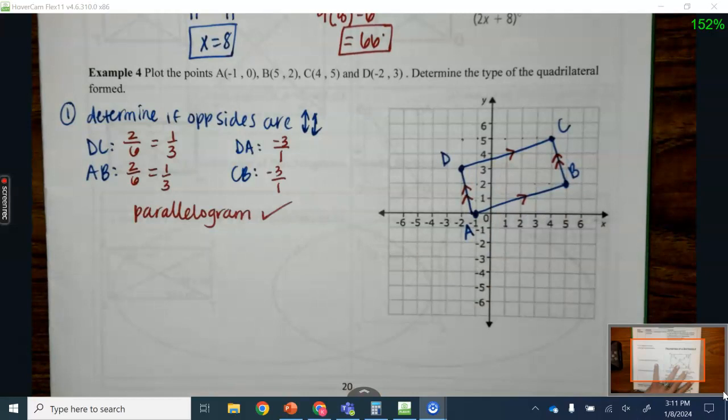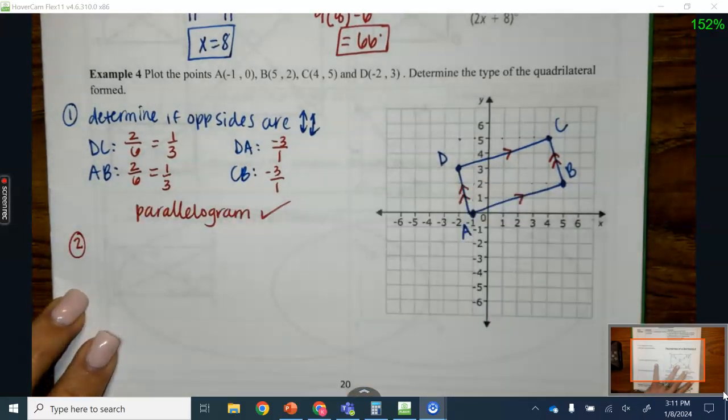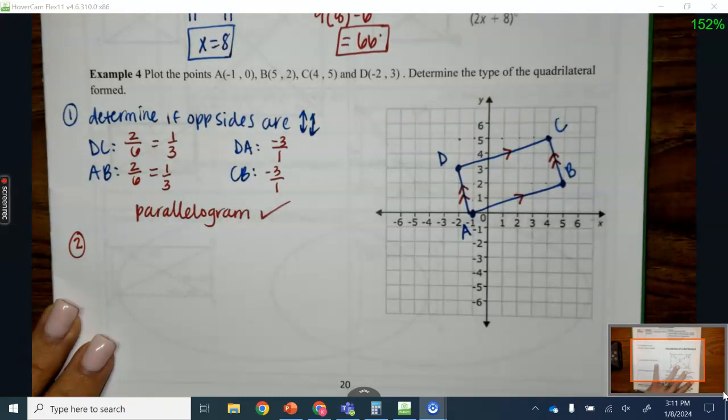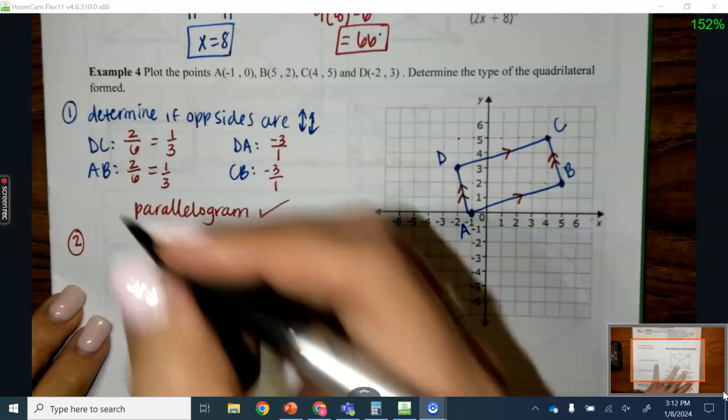But now let's take it one step further, because with rectangles, what we've learned is that there are 4 right angles, okay? And from chapter 3, parallel and perpendicular lines, right angles are formed by perpendicular lines.